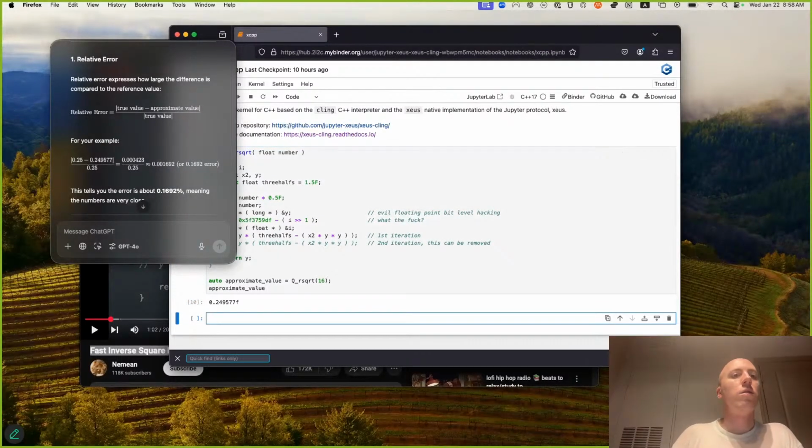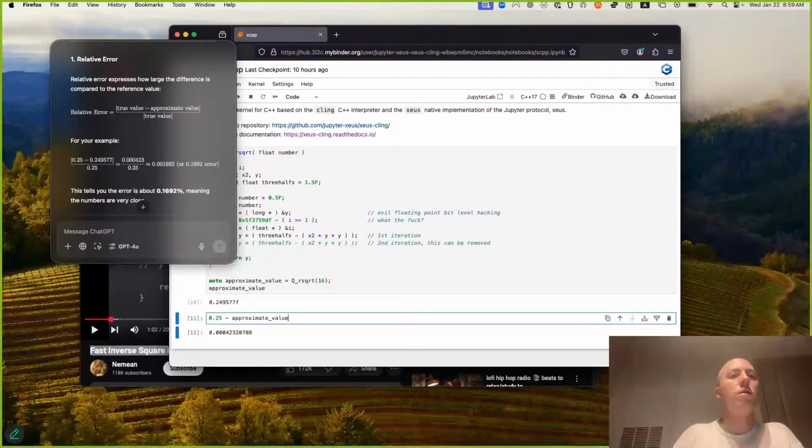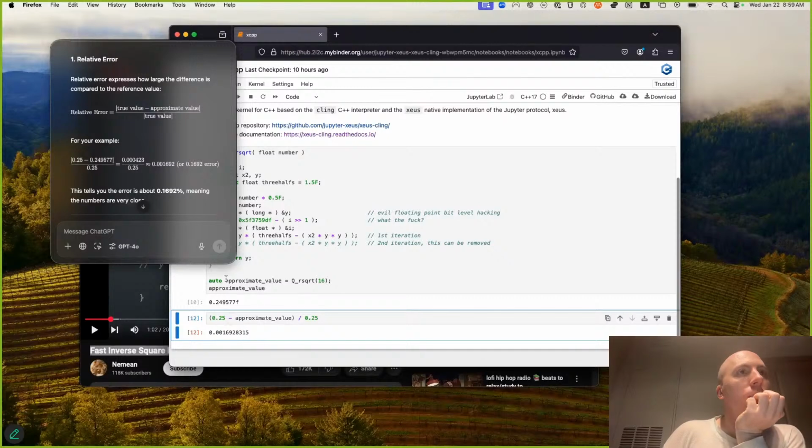So if we do 0.25 minus the approximate value, divided by 0.25, you get this.